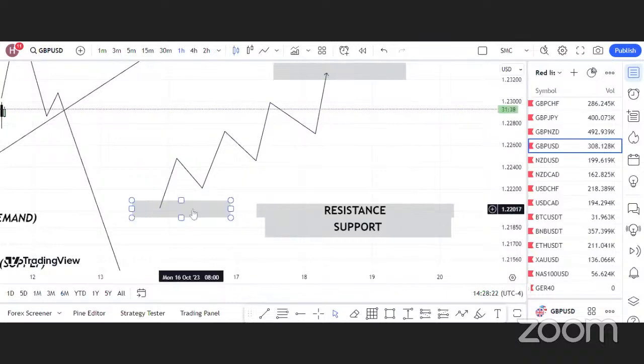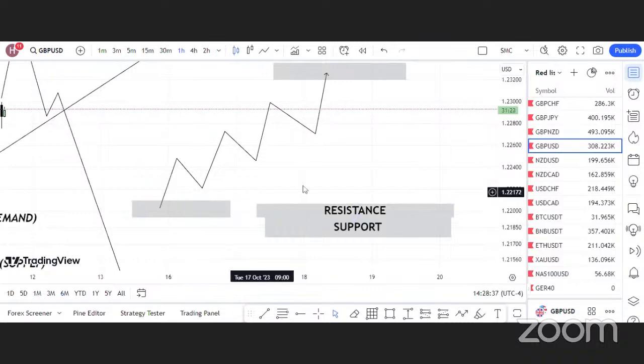As a forex trader, when you have a support area, you want to start buying, and when you have a resistance area, you want to start selling. Every time there's a support, the market will always do something like this.